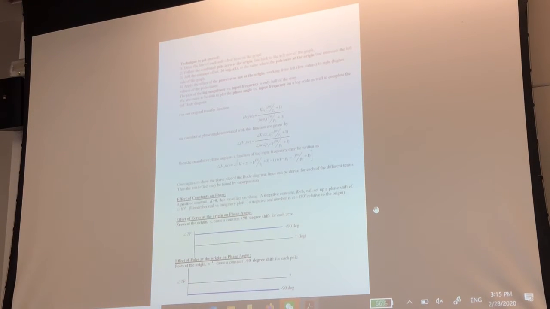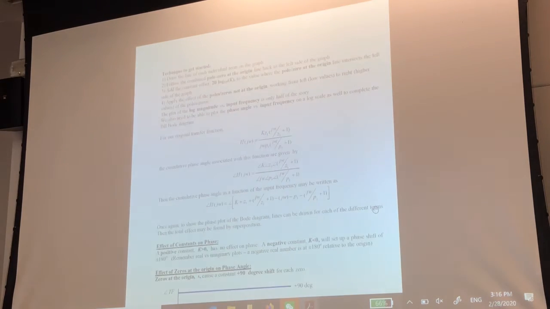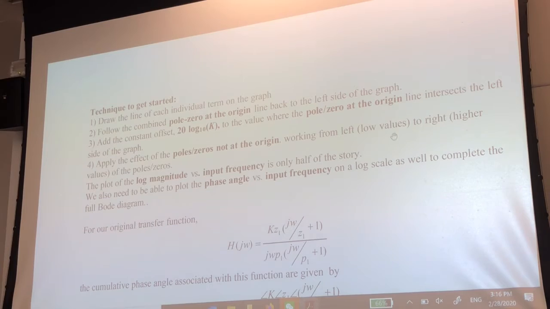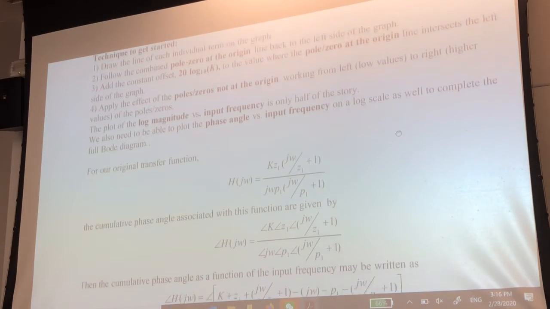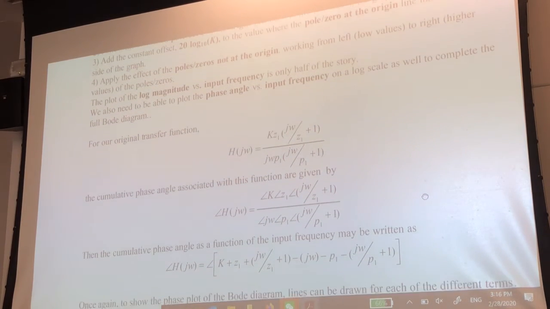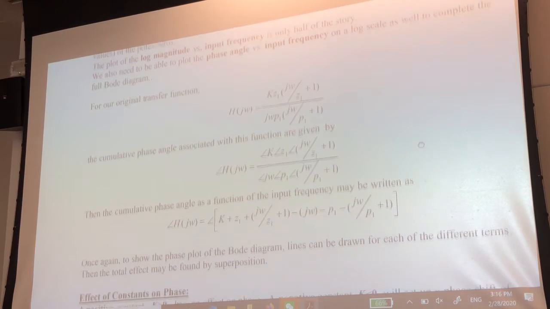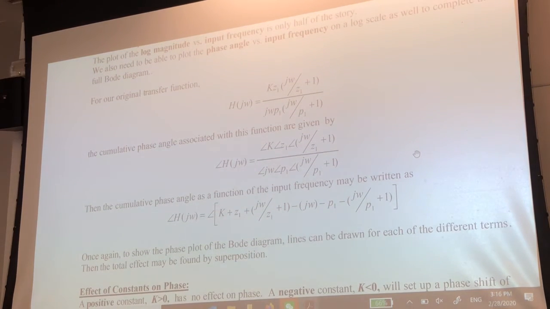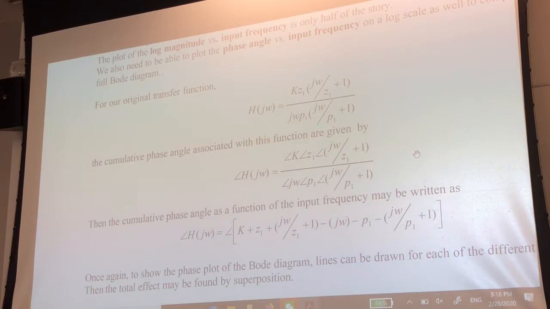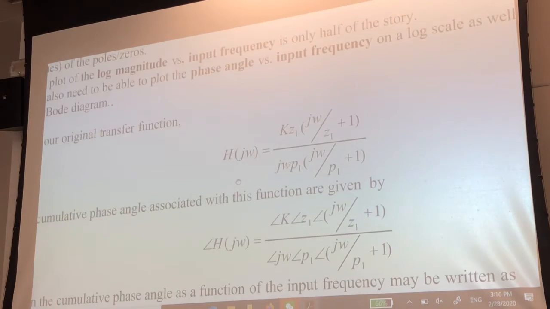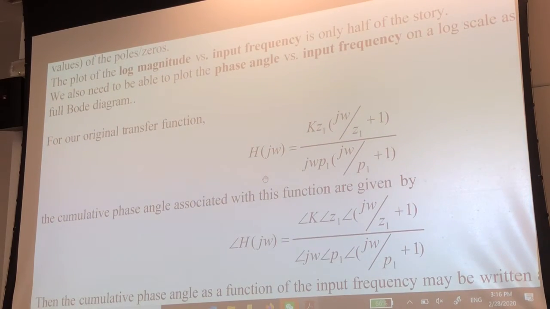So we only started by doing the magnitude. So how are we going to get the phase? I hope you read this one. The plot of the log magnitude versus input is just half of the story.